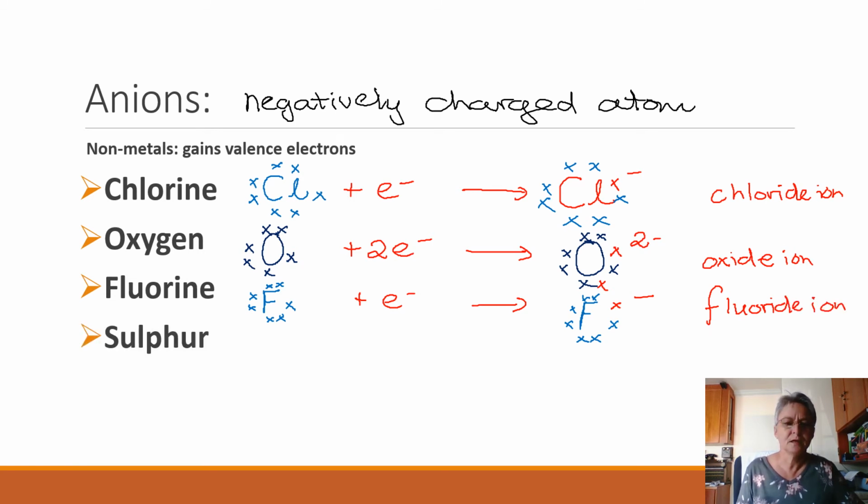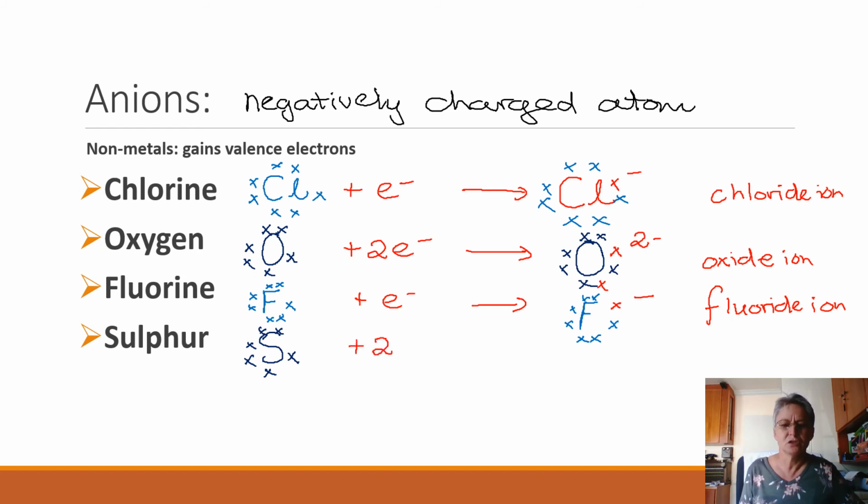Next we have the sulfur atom. Now sulfur is like oxygen. Sulfur has 6 valence electrons. So how many electrons does it need to fill the valence energy level?